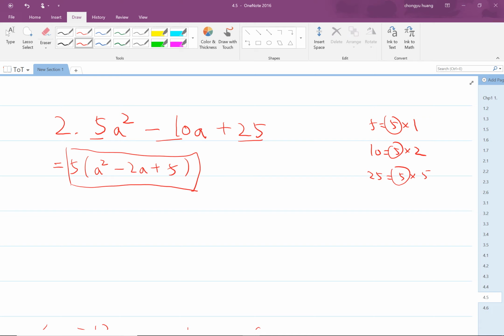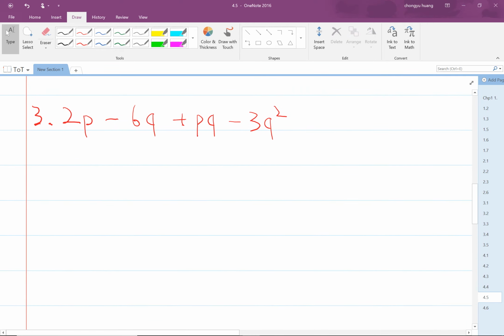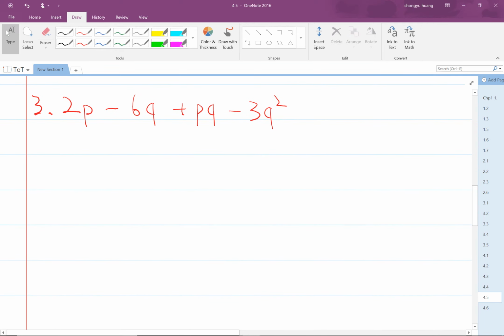So now let's move into question 3. When you look at a question, as I told you in the strategy, the first thing you want to do is see whether there is anything you can factor out before doing any further step using any method.